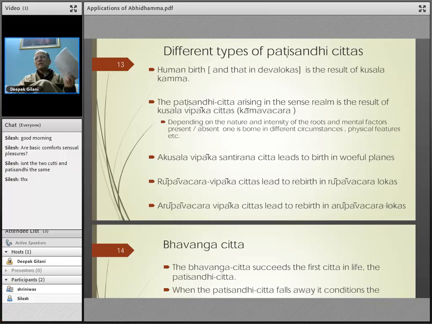They may have some eyesight problem or hearing problem or any other deformity, what we call disability of various types. So only when there are resultant states with roots, only then a human being or a deva will be born.